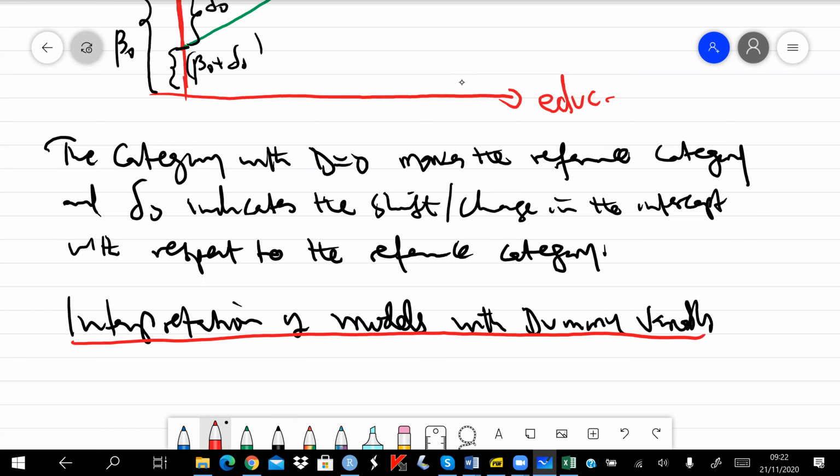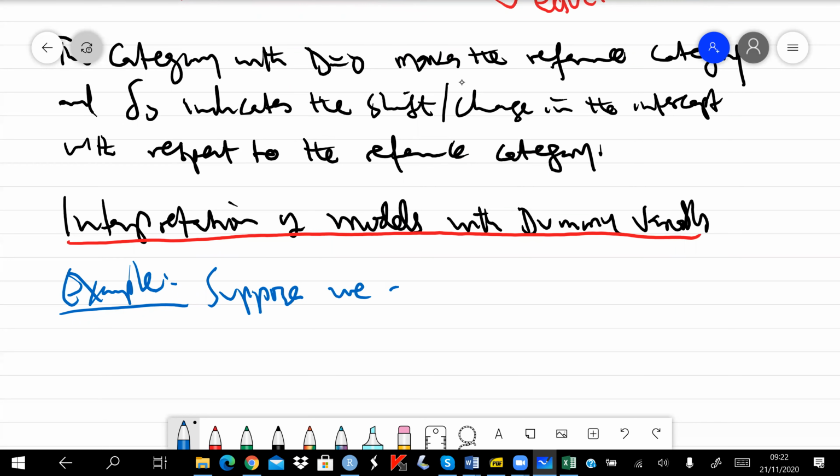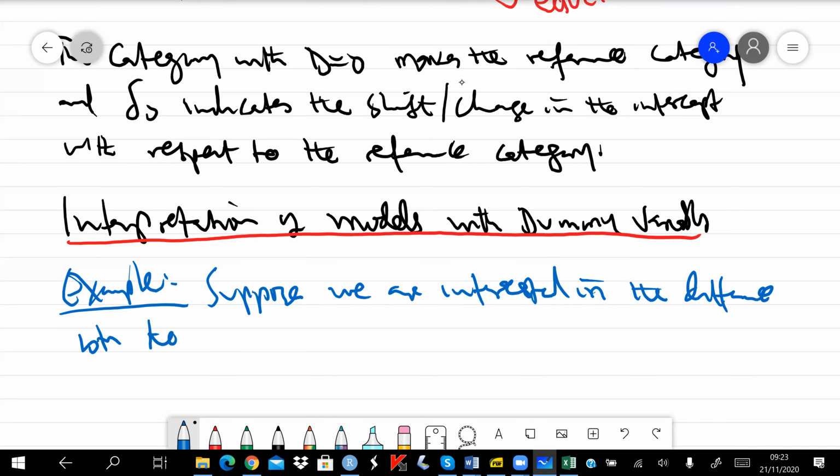And I want us to consider an example. Suppose we are interested in the difference between the wage levels of men and women using the following model.